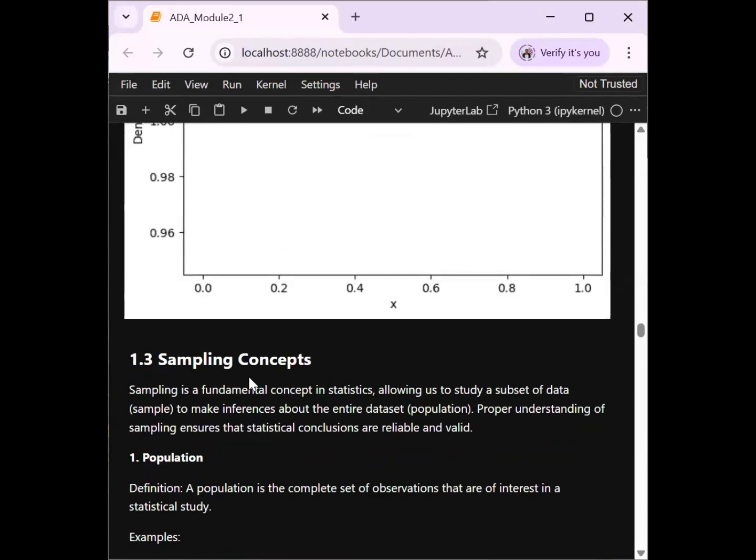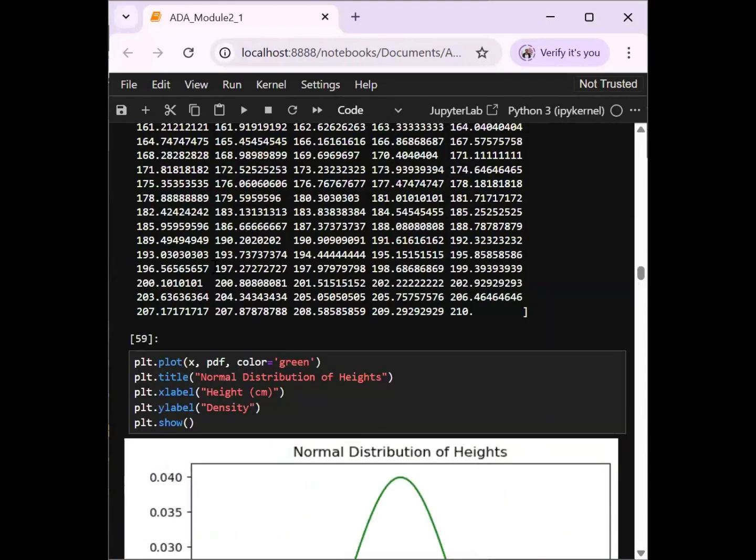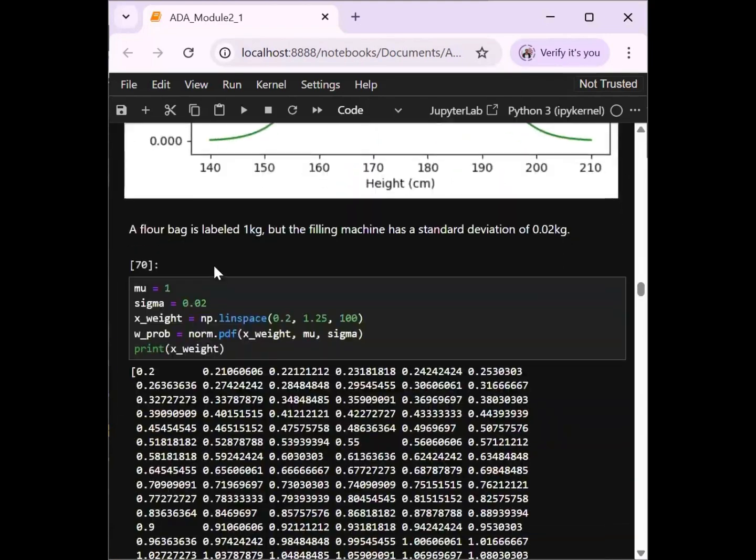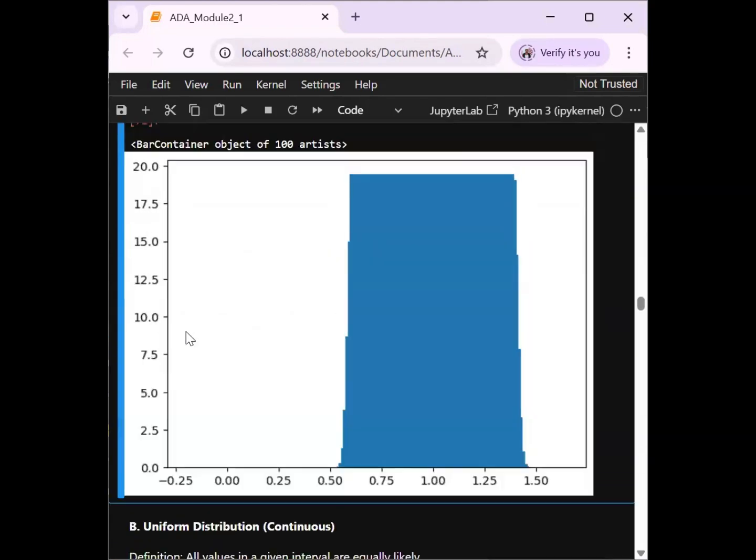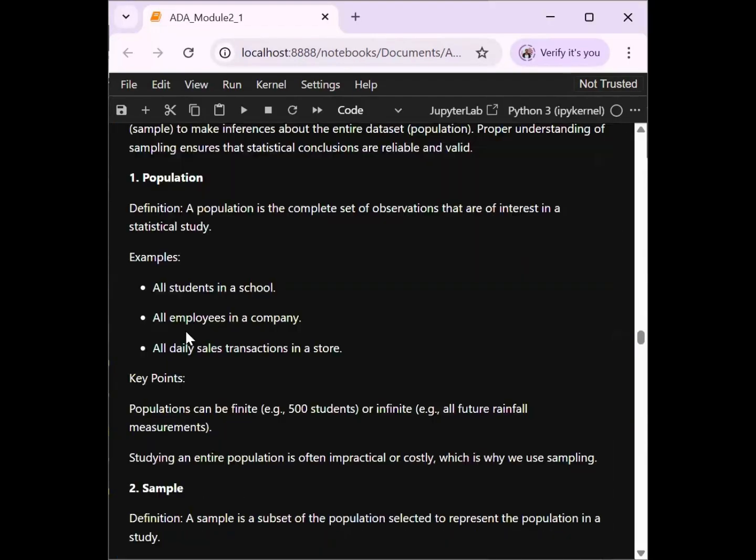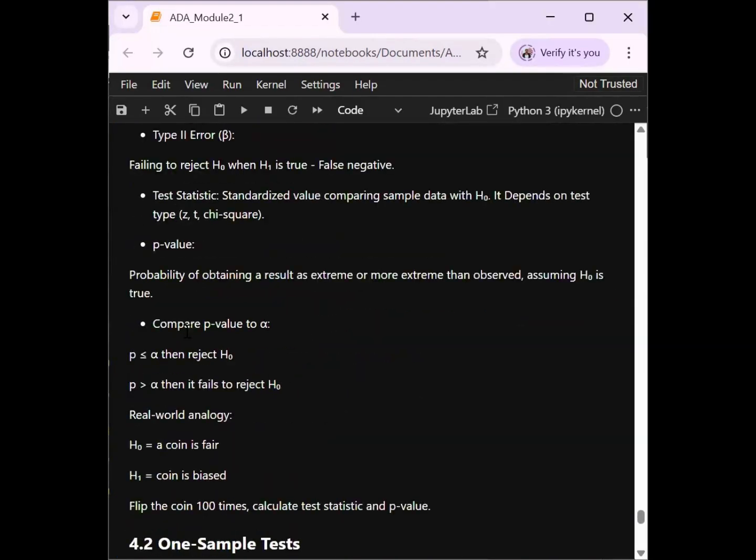So, in order to emphasize some of these things, let me give you questions, and then you tell me which distribution it is and how we'll go about it.